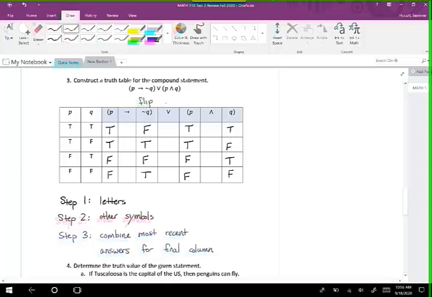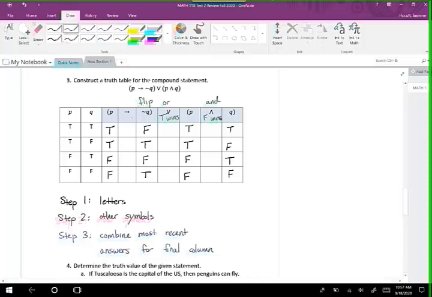So we have an or symbol and an and symbol, where, remember, for or, true wins, and for and, false wins. And we're going to do the stuff in parentheses first. So follow order of operations.